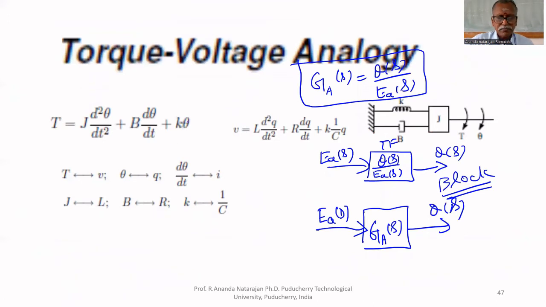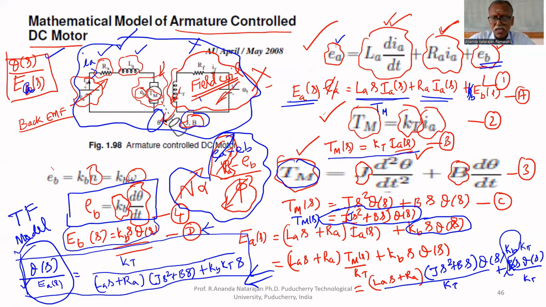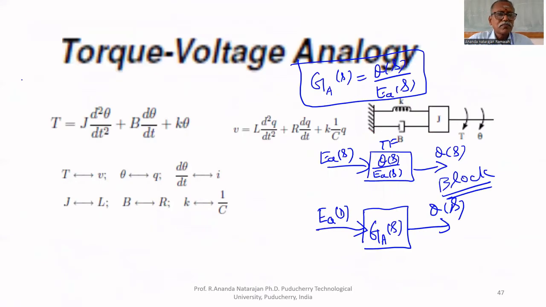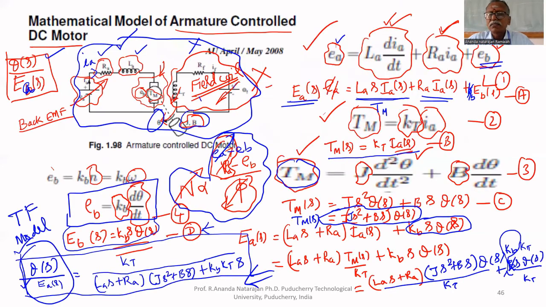Now, what is the first equation? The first equation is EA of S equal to (LA S plus RA) IA of S. Am I correct?